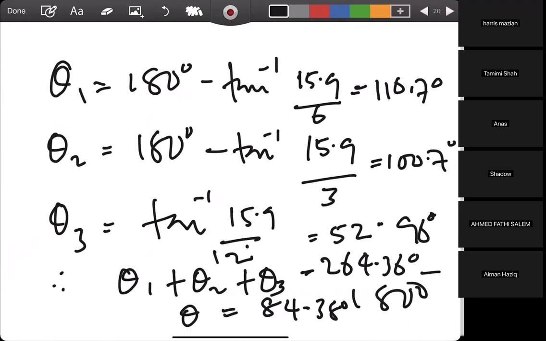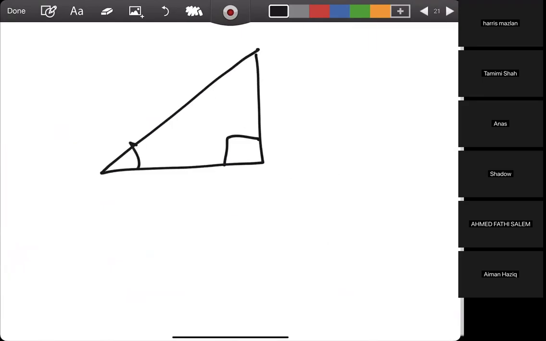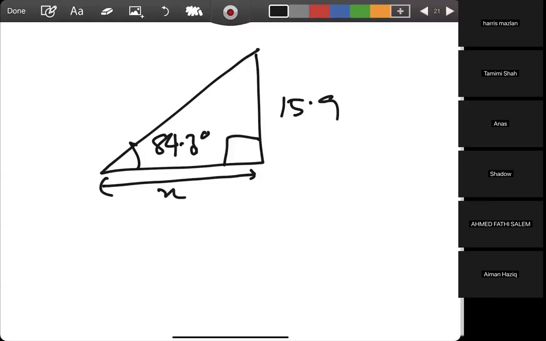Sorry, so it will be 52.96, okay. Right, so this is your 84. See, this one is 15.9, this one is under consideration x, this one is minus 8, okay.